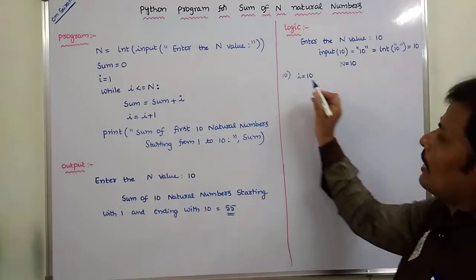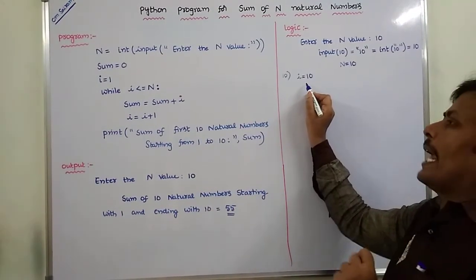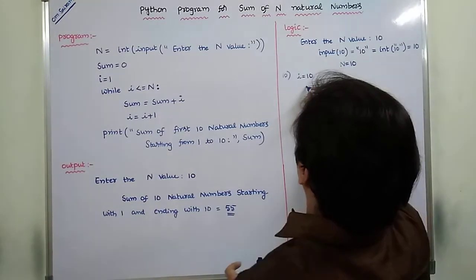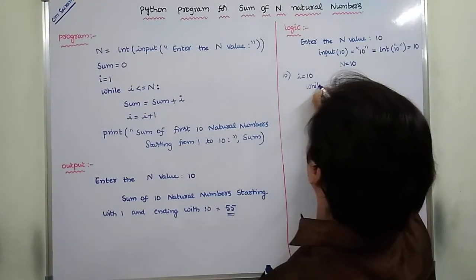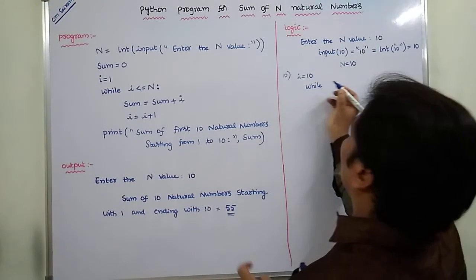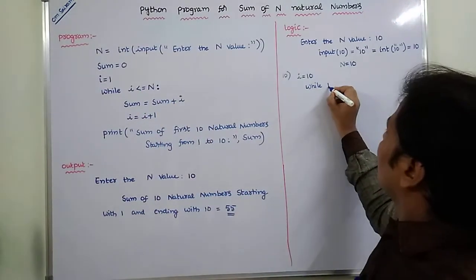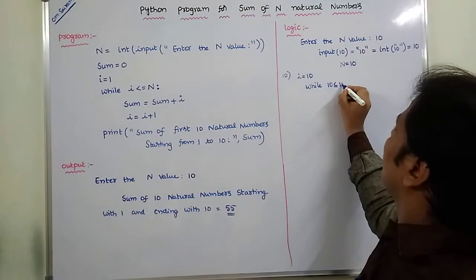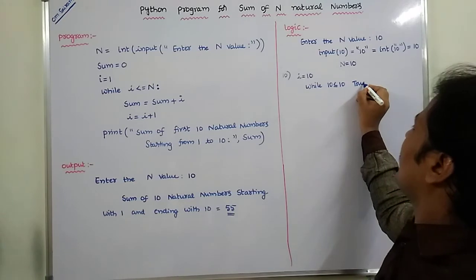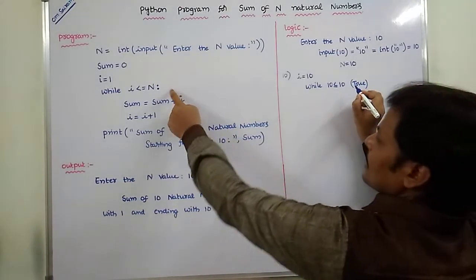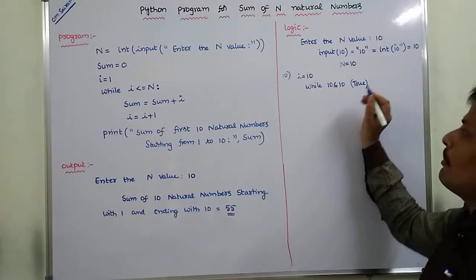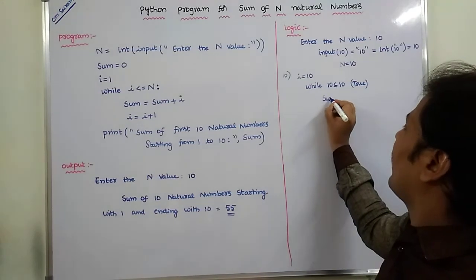Now I value is equal to 10. Then control goes to the while loop, while I is less than or equal to n, that is 10 less than or equal to 10, condition true. The control goes to the statements within the body of the while loop.